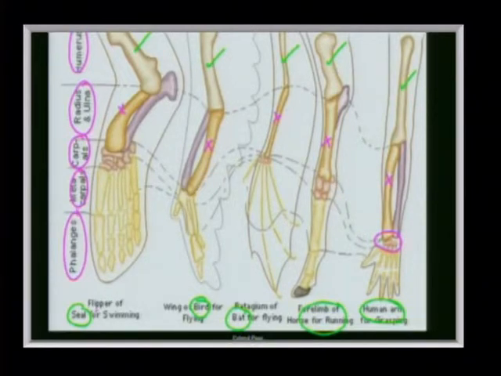The seal, the bird, the bat, the horse, and the human arm all have the same bones in the same position, just that the functions may of course be different. Now the fact that they have the same bones in the same position means that it is considered evidence for the fact that they have a common ancestor.